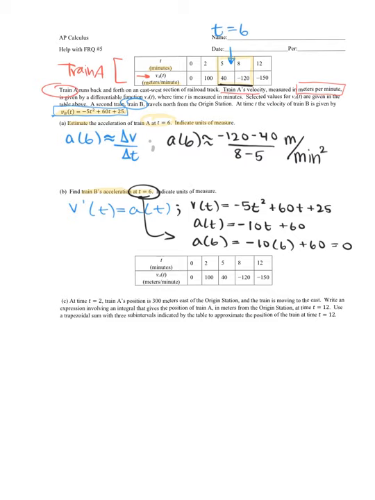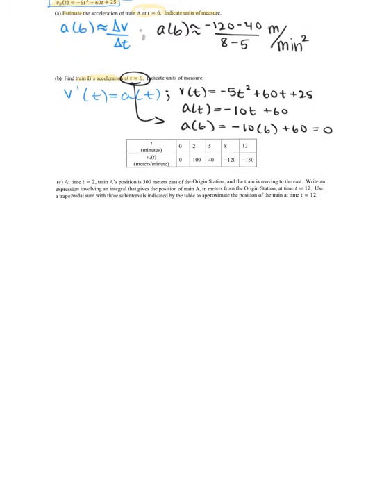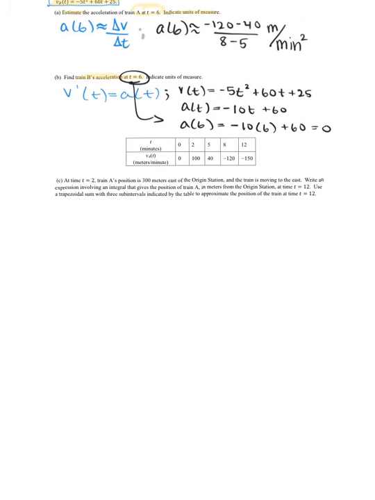Okay, so let's take a look at part C. Now for part C, at time t equals 2, train A's position is 300 meters, and it's moving east.